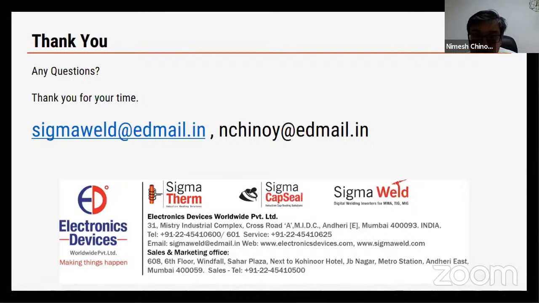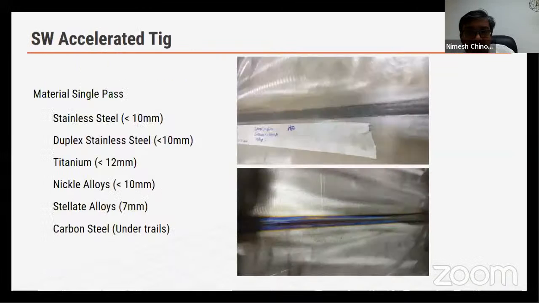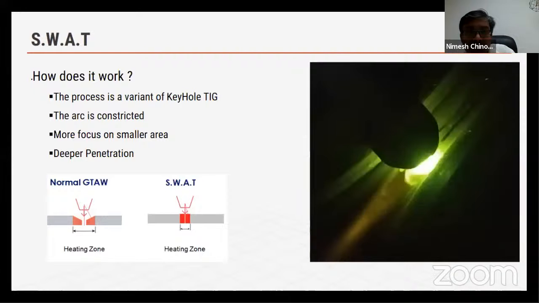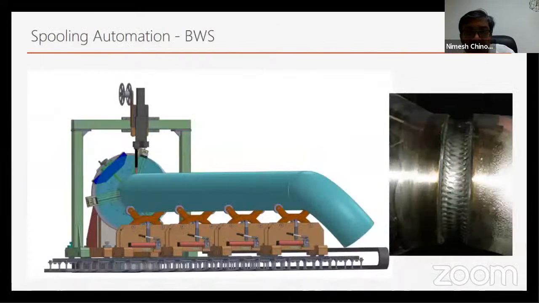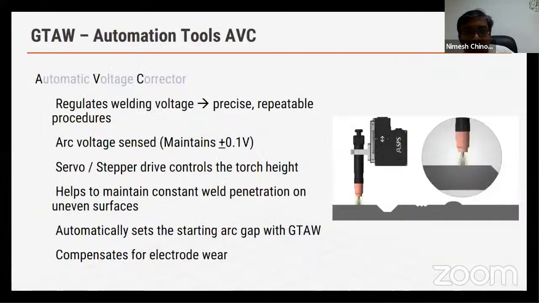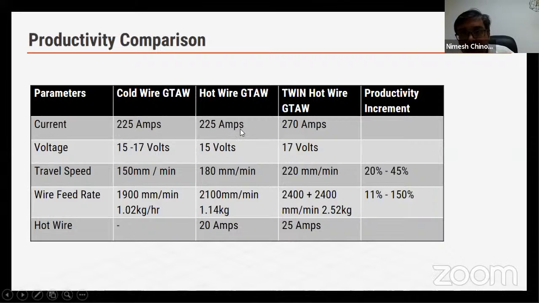What current was used for automated welding versus manual welding? The currents we had kept the same for comparison. So I'll show that table again one more time, just for your awareness. This is for automated auto GTAW with cold wire, with hot wire and with twin wire.